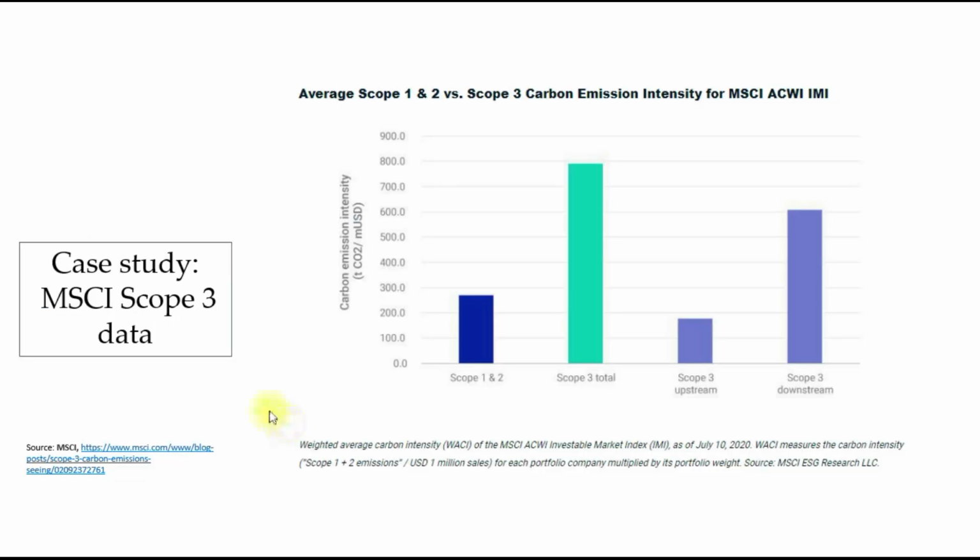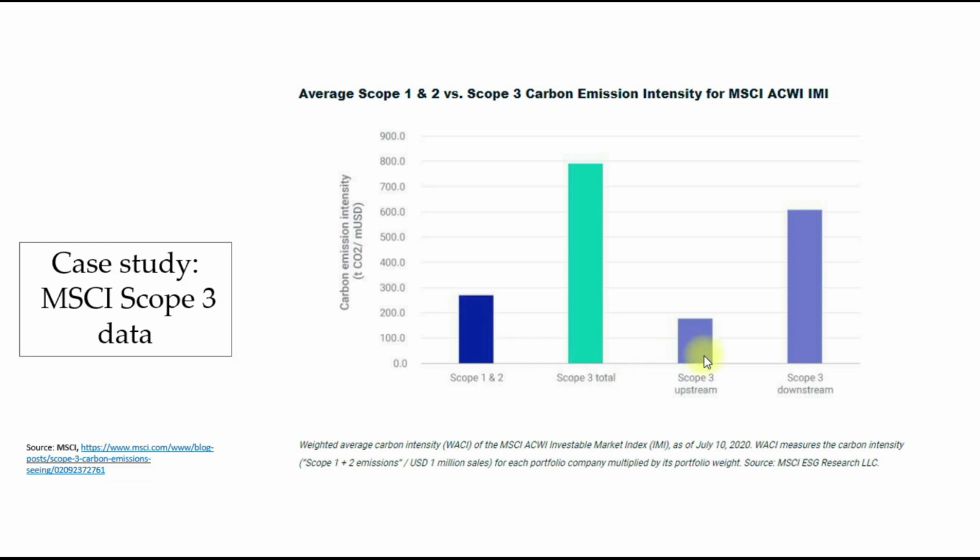So further on, in separate data from the company MSCI, where they've done the ESG research, they've been able to have a carbon emission intensity breaking down scope 1 and 2 versus the scope 3 emissions. We can see clearly that scope 3 emissions are more than the scope 1 and 2 emissions combined.